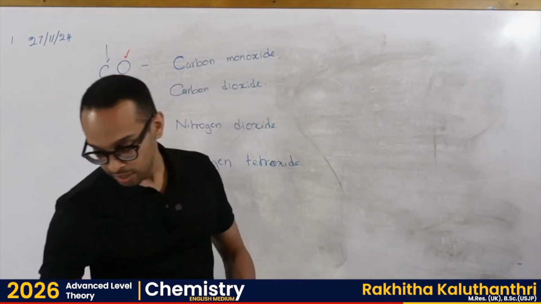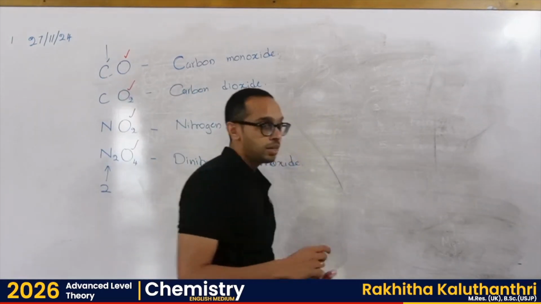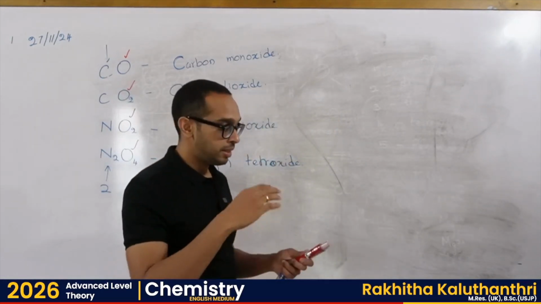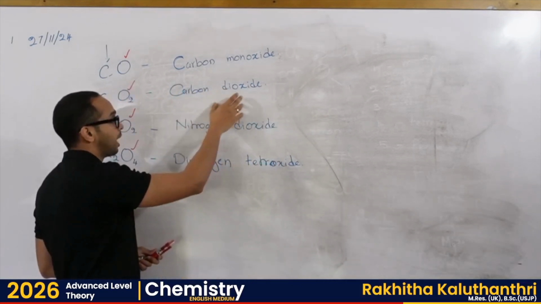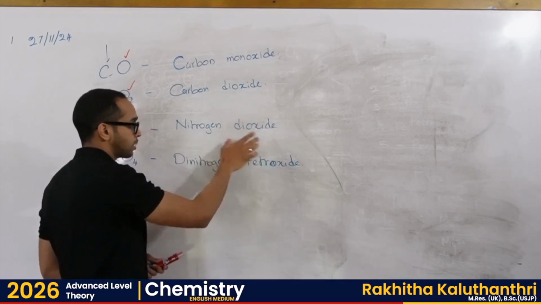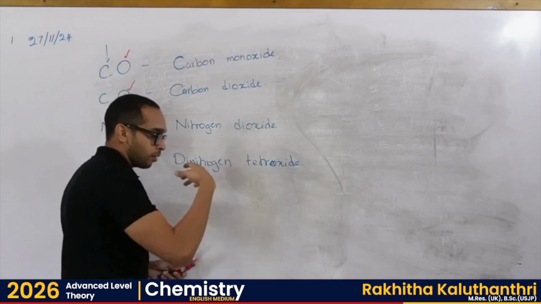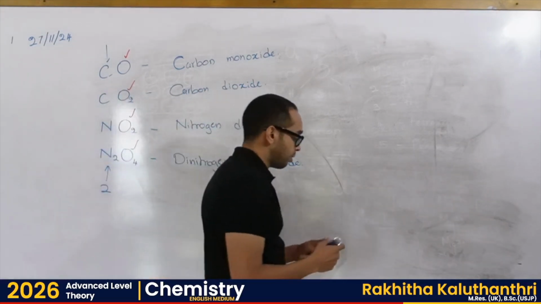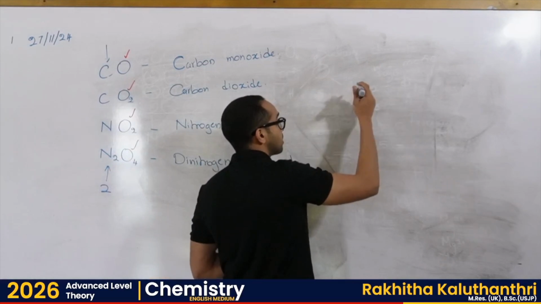Now normally, when you're writing the name of a molecule, the name could have two parts: the less electronegative element's name and the more electronegative element's name. Whenever you are writing any element's name, it is also broken into two parts, right?